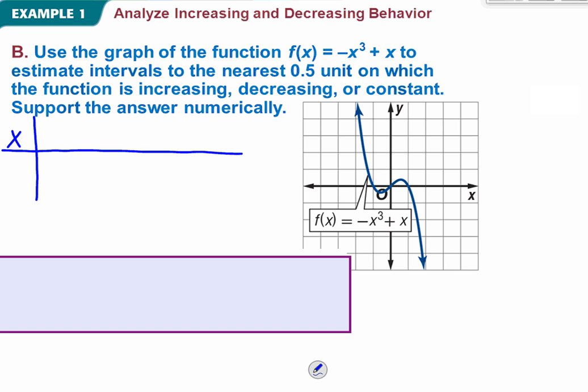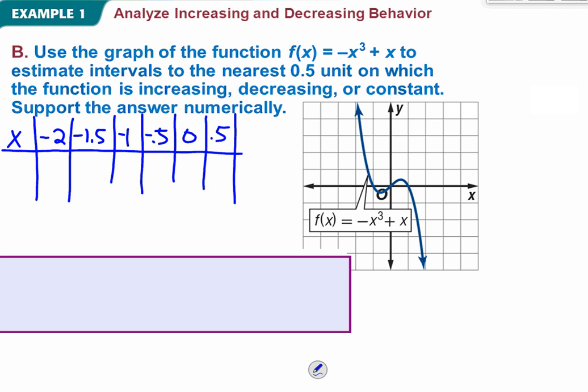Since I only have to go to the nearest half, it doesn't matter if my minimum is exactly at a half. So -2, -1.5, -1, -0.5, 0, 0.5, 1, 1.5, and 2 for that one.